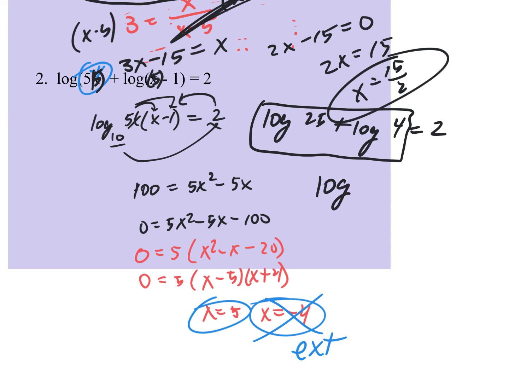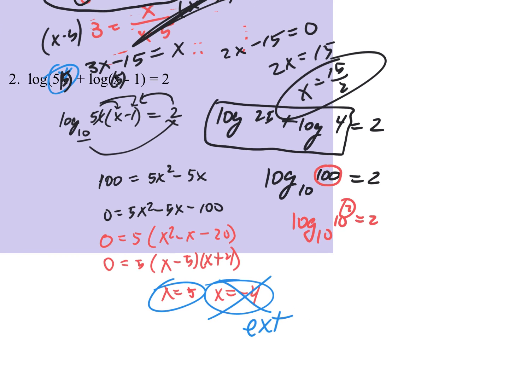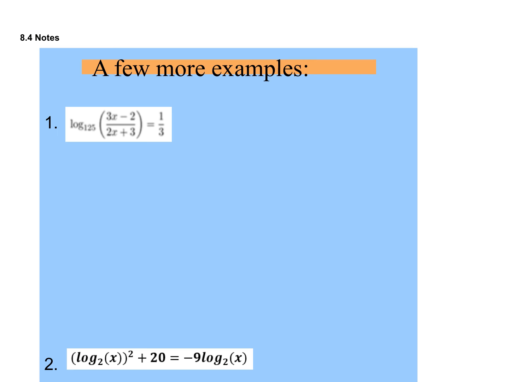So that's log base 10 of 25 times 4, which is 100. And that's supposed to equal 2. And oh my gosh, it does equal 2, because that's 10 squared. And so log base 10 of 10 squared is 2. Yay, it worked. Okay, so double check yourself. I'm telling you, it'll cost you if you don't.